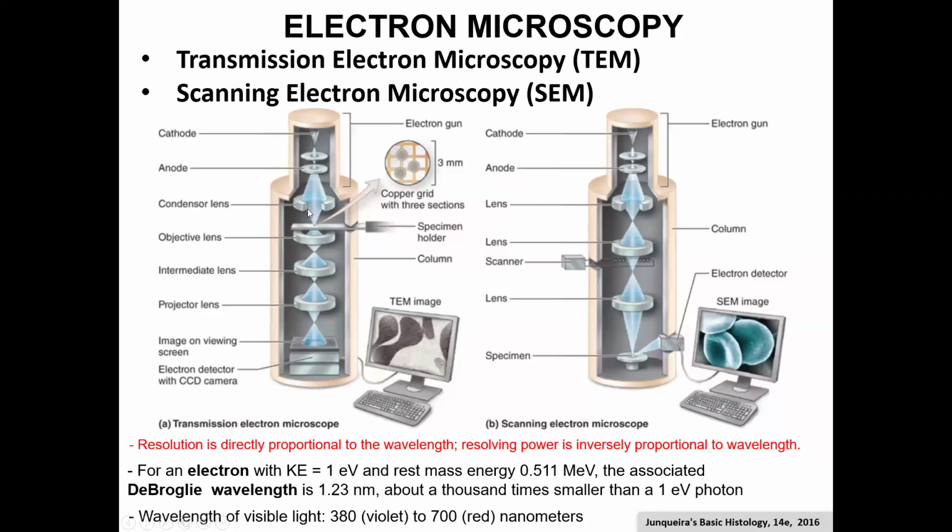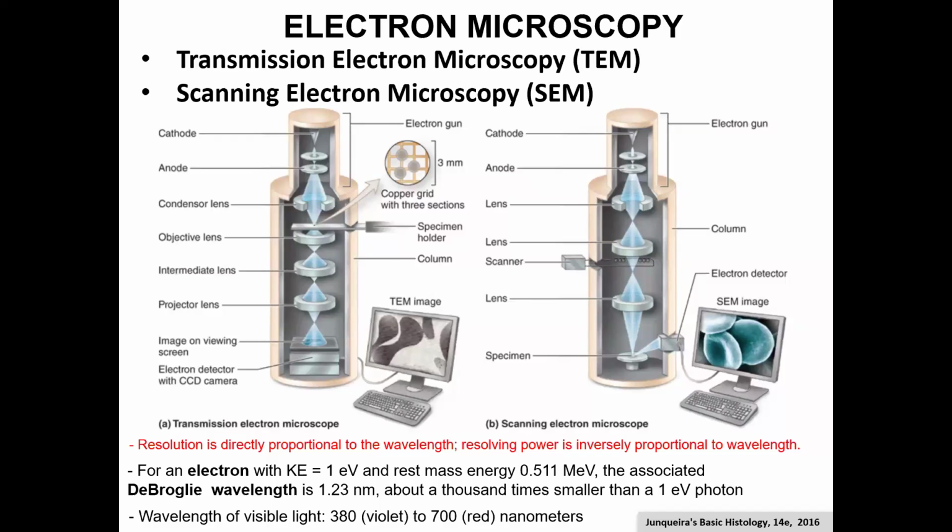Then the electrons are dispersed and then refocused on an objective. These are actually coils, you know, that when electric current passes through them, they generate a magnetic field, and that magnetic field leads to the focusing of the electrons.